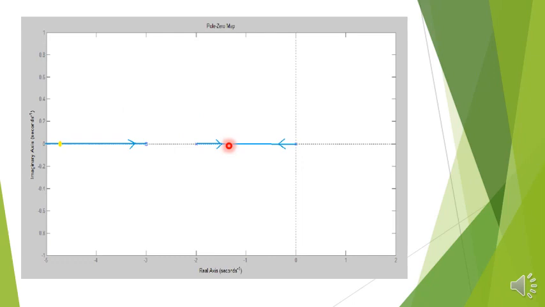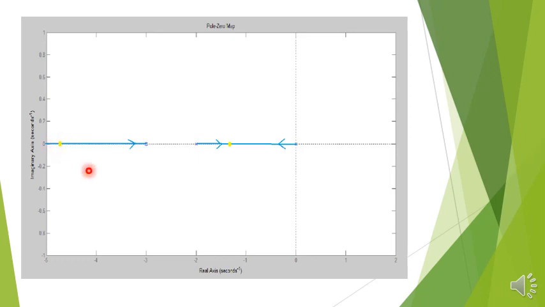Which is the part of the root locus? So -1.2678 is this point, which is a part of the root locus. So this is a valid breakaway point. And -4.73, this point, is also a part of the root locus.